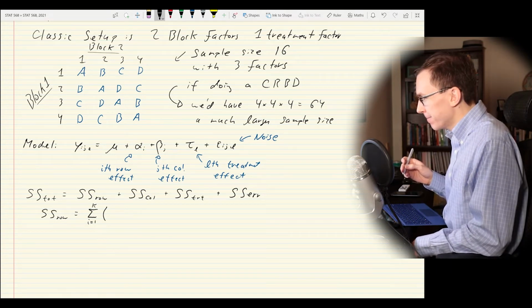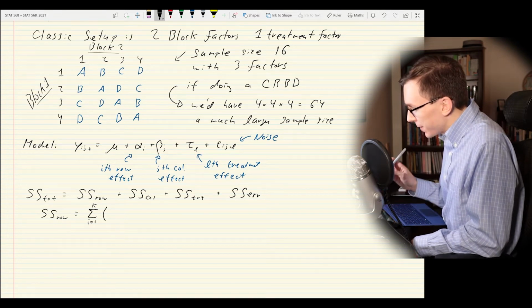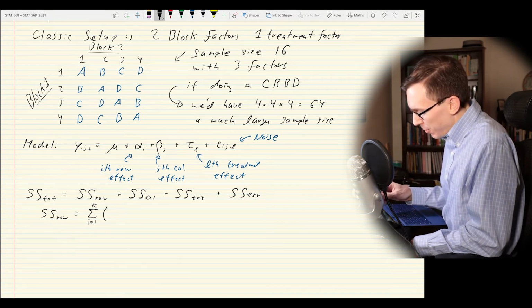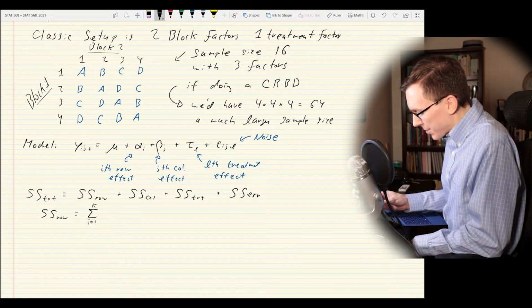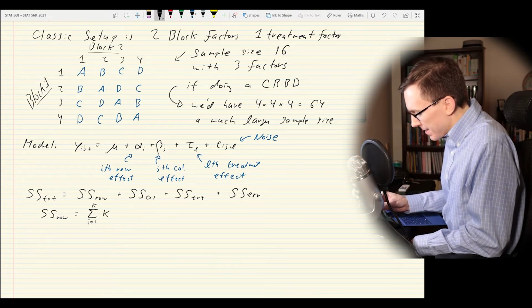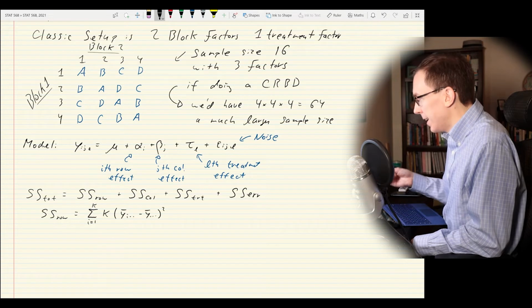Anyway, for the row sum of squares, we end up with k times the sum over i of (y bar_i.. minus y bar...) squared.